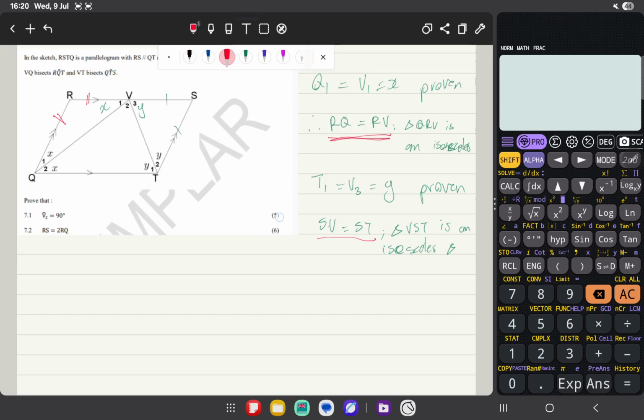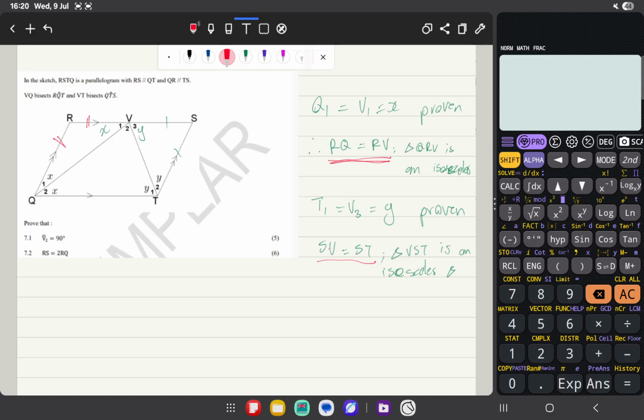Before we go to what this would mean, we are told that this is a parallelogram. Then we can say RQ equals ST, and the reason is that these are opposite sides of a parallelogram.